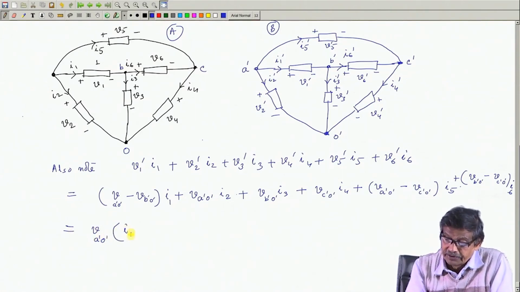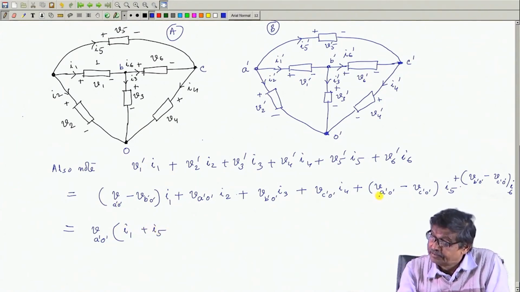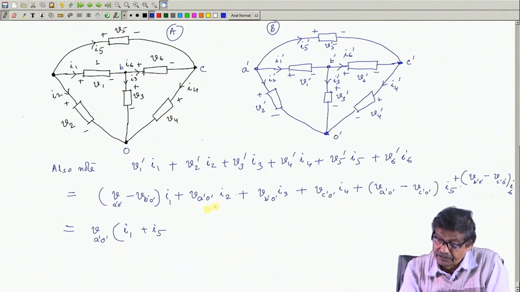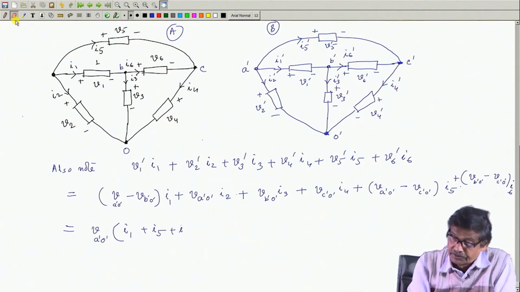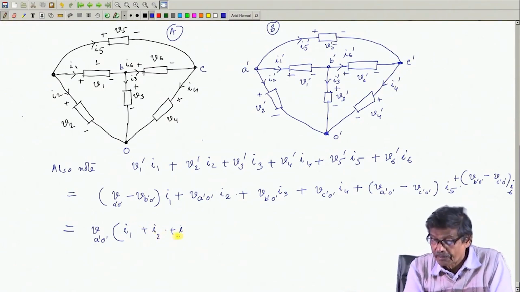It is equal to I1, from this I1 will come, then plus I5, from this it will come, and plus I2, sorry, plus I2 also. So, let me put this 2 comes first, I2 plus I5.